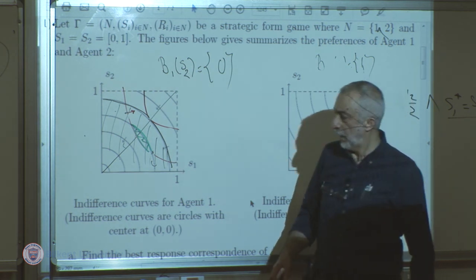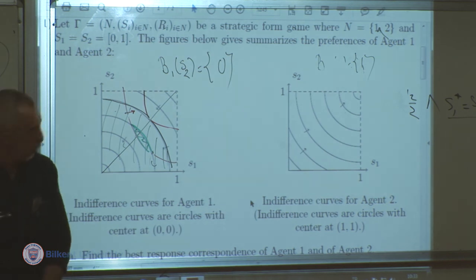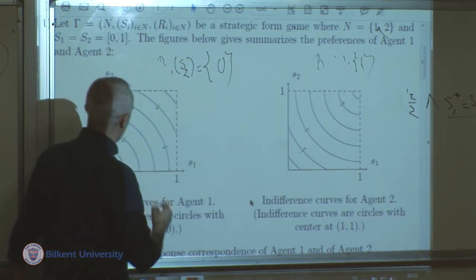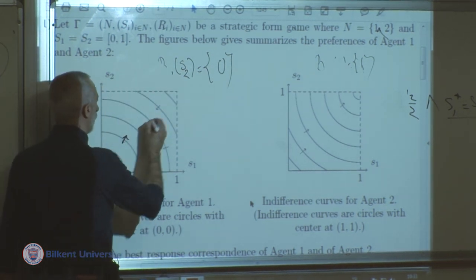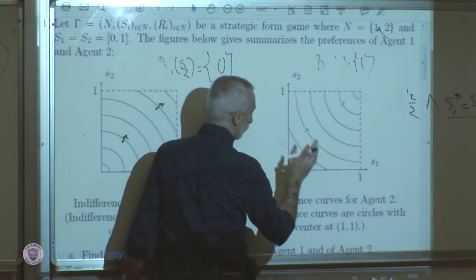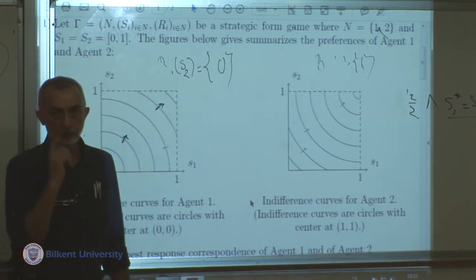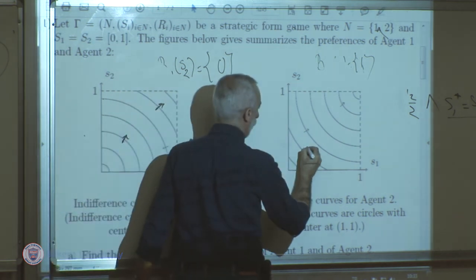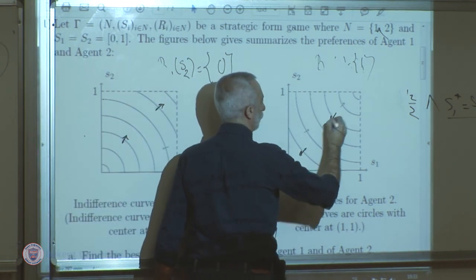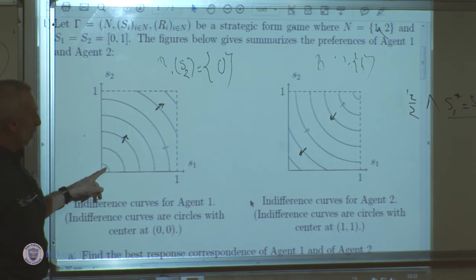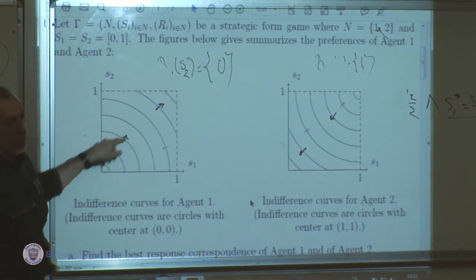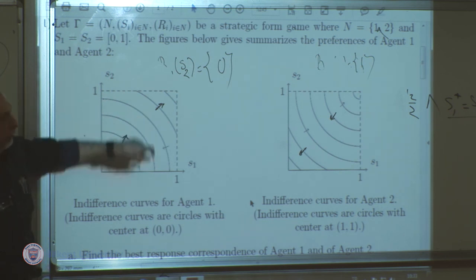But I would ask you to think about the same question, this time with the direction of the indifference curves, the direction of the normal vectors, reversed. So agent 1 becomes better off as the profile moves away from the origin.